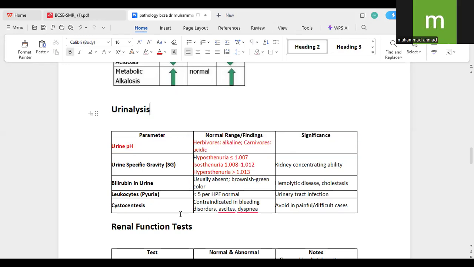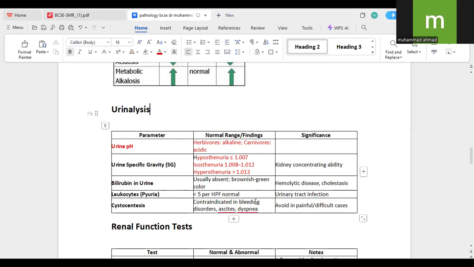Bilirubin in urine is usually absent. Brownish green color, in hemolytic disease and cholestasis. You can see bilirubin in the urine, yellow urine, brown green color urine in hemolytic disease. Leukocyte, pyuria. Pyuria is basically WBC in the urine. Normal values are less than 5.